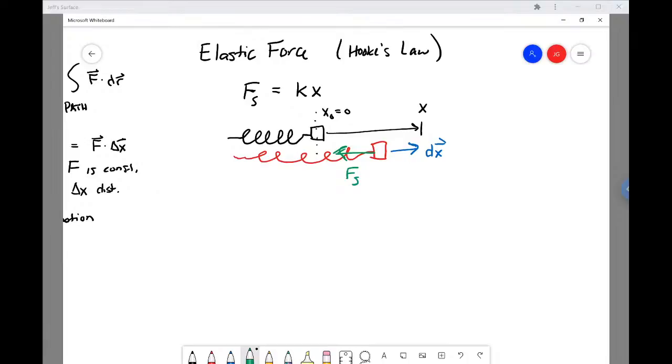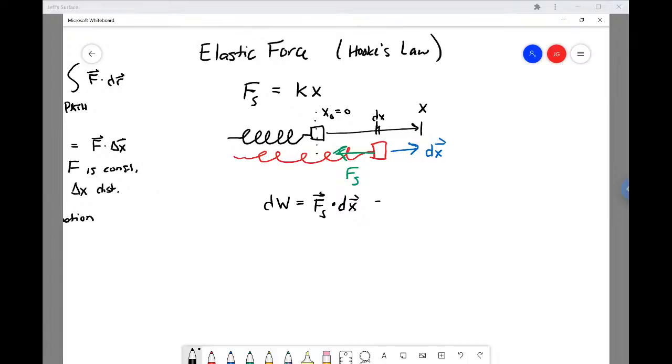And if we look at the infinitesimally small amount of work that's done when you move a very small distance called dx toward the right, it's equal to this force dotted into that displacement, dx.